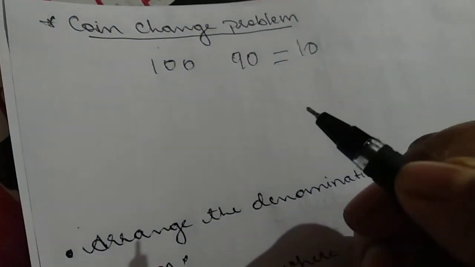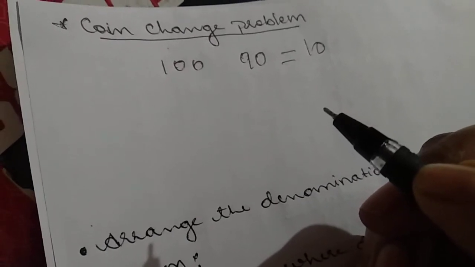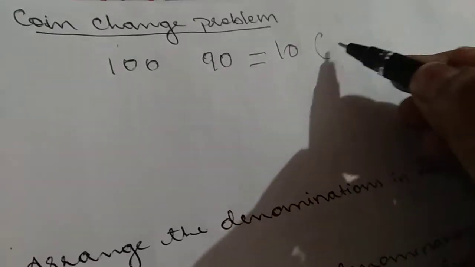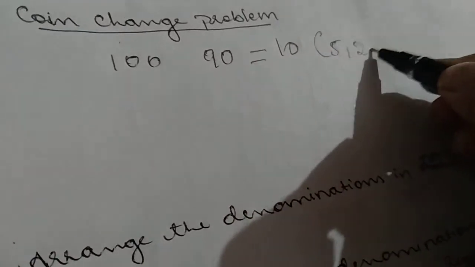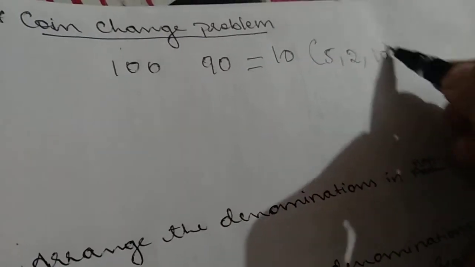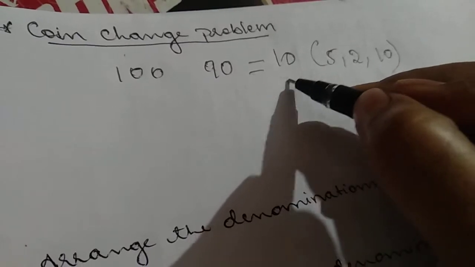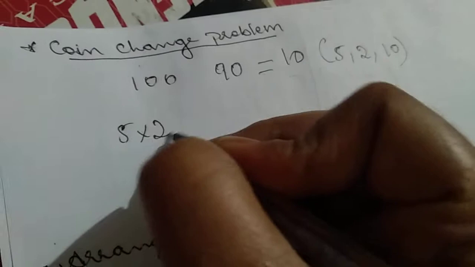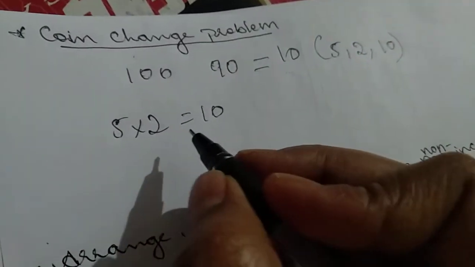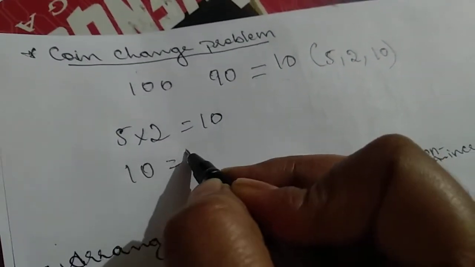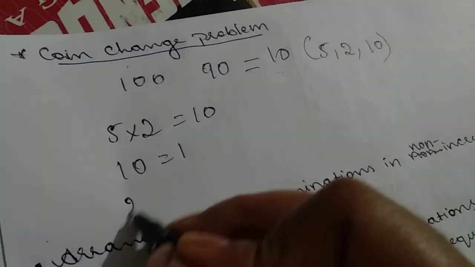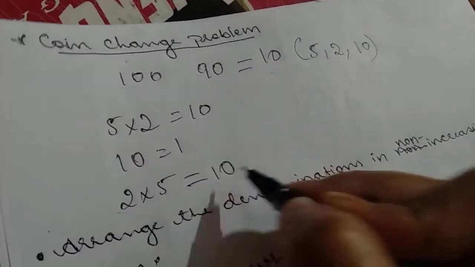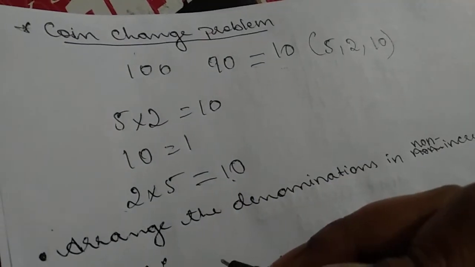Here we have so many denominations of our currency. We have 5 rupees, 2 rupees and 10 rupees for this possibility. He can give two 5 rupees for your 10 rupees, or one 10 rupee, or five 2 rupee coins to give your 10 rupees change.